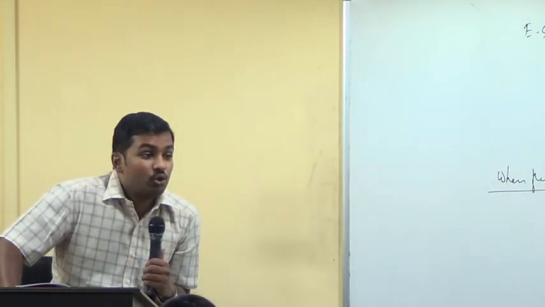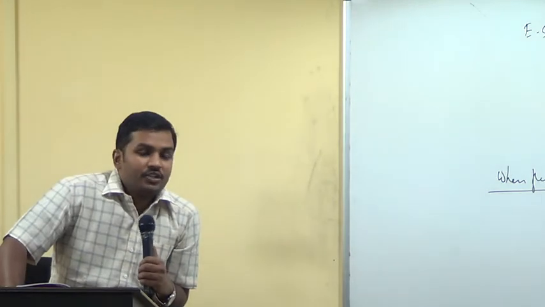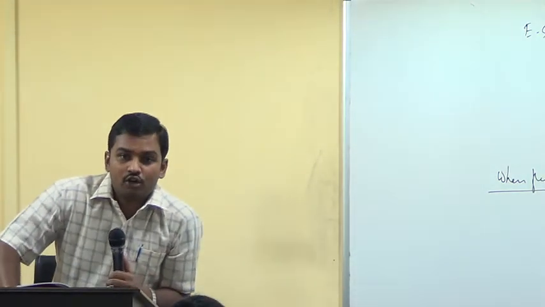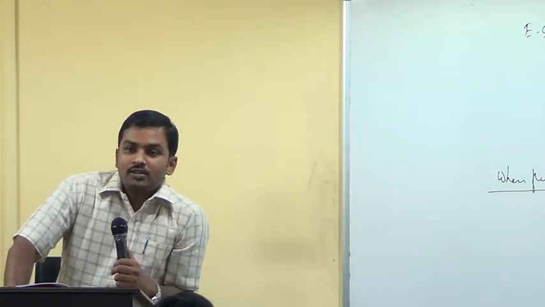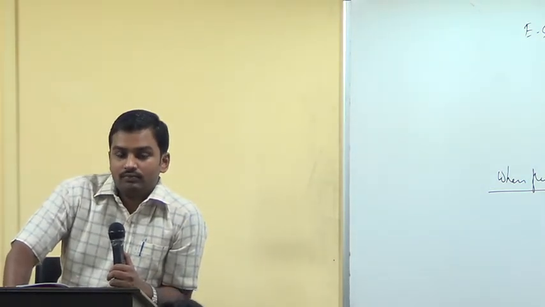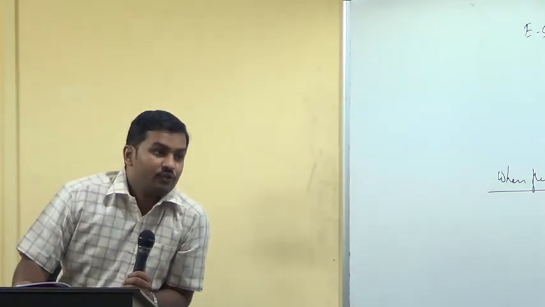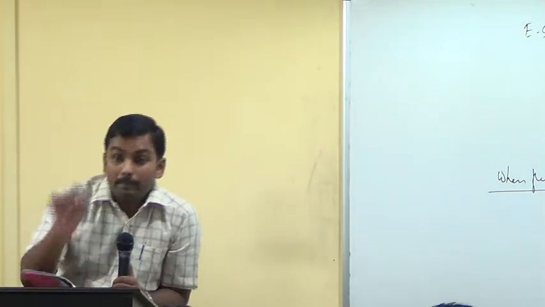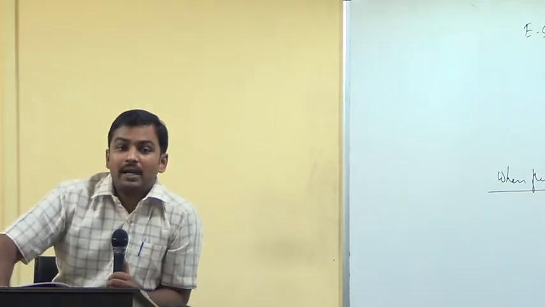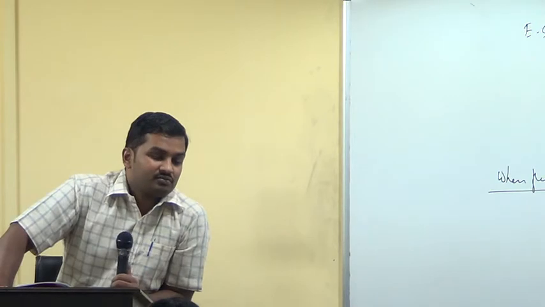Can you tell me how many shares he is now going to take? Write down: number of shares to be allotted will be 3,750 into 4. How many shares? 15,000. Paid up value, next line: 15,000 into 7.5.